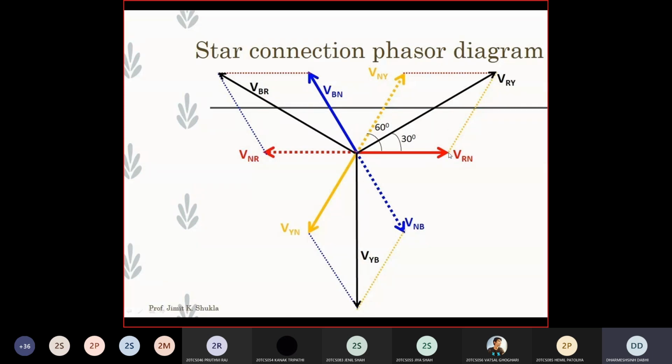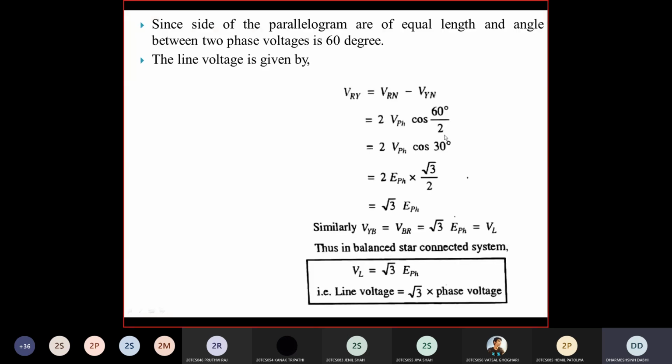So between line voltage and phase voltage the angle is only 30 degrees. Clear? So half of the angle between the two phases, cosine of 60 by 2, is cos 30, which is root 3 by 2. So finally you get the relation between line to line voltage and phase voltage, that VRY is equal to root 3 times phase voltage.